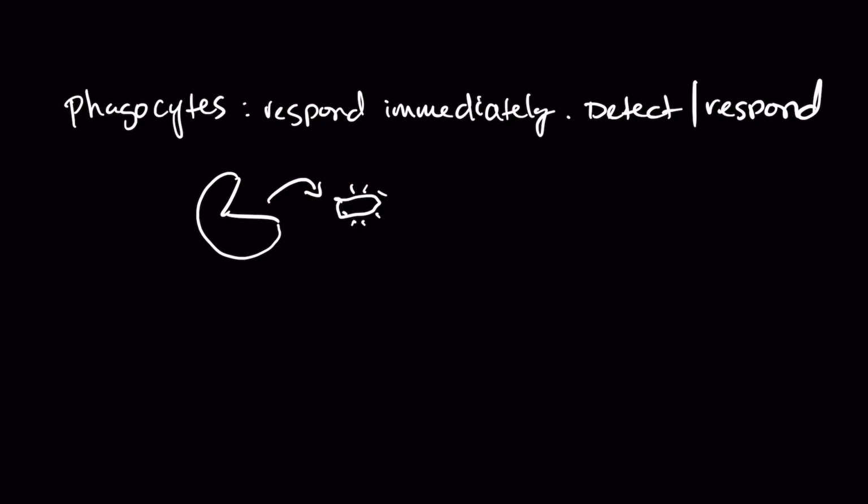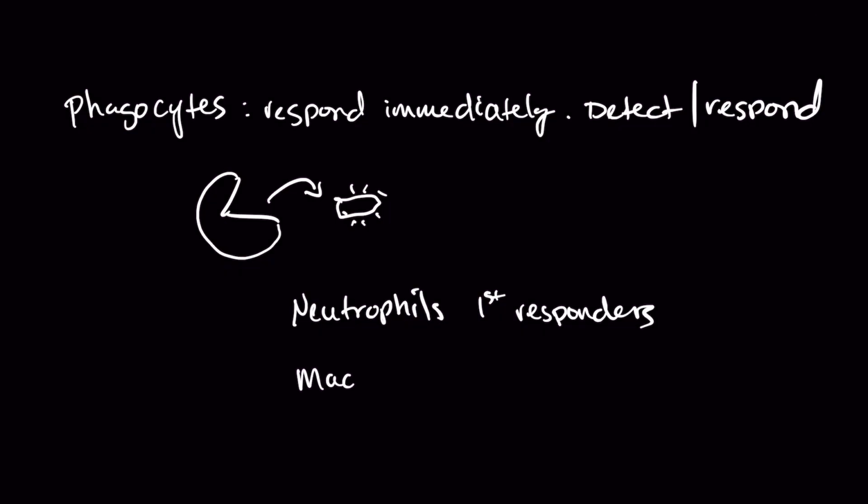Generally, our phagocytes, like our neutrophils, will arrive first. They're like our first responders. And then after that, our macrophages are going to arrive and they're going to persist longer. So they're second responders essentially.